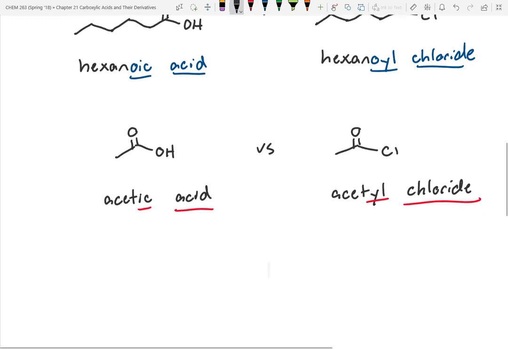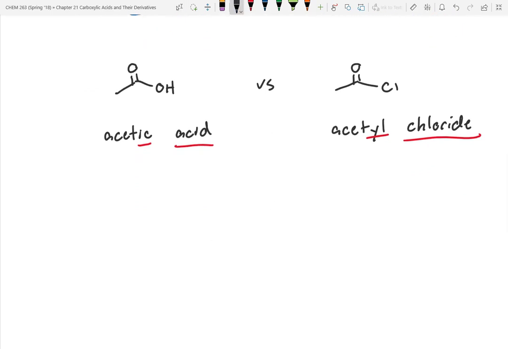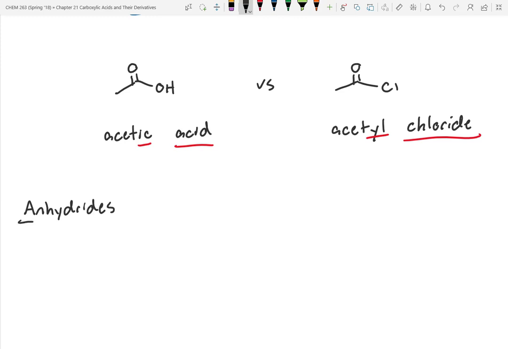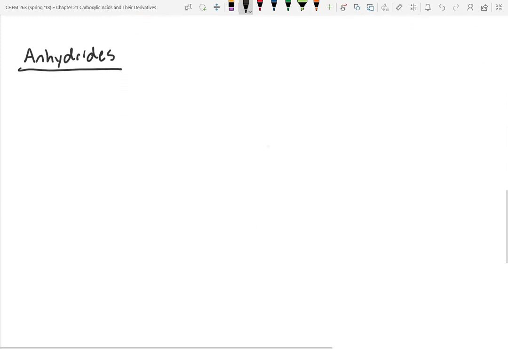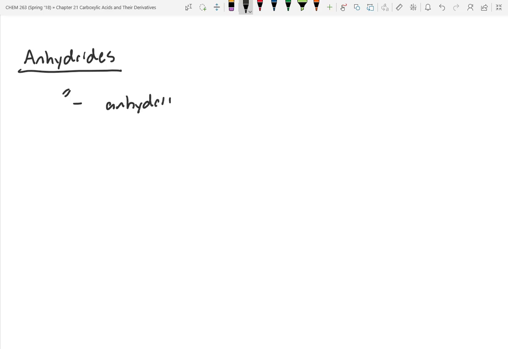Anhydrides are pretty straightforward. Anhydrides are the next most reactive. These are the easiest to remember because you just change the suffix to anhydride. So I'll show you a few examples of these.